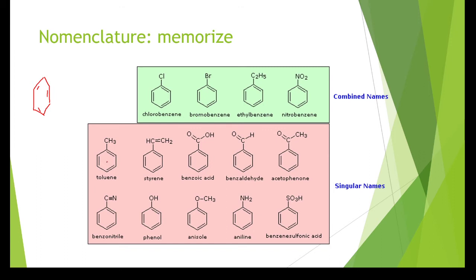Aniline, which we'll get back to when we get to our nitriles and our nitrogen compounds and our amines, and benzosulfonic acid. So you should be familiar with these names because they're going to come up and you may see them on an exam in the future on a Thursday in July of 2020. You should be familiar with how to name or seeing these compounds.